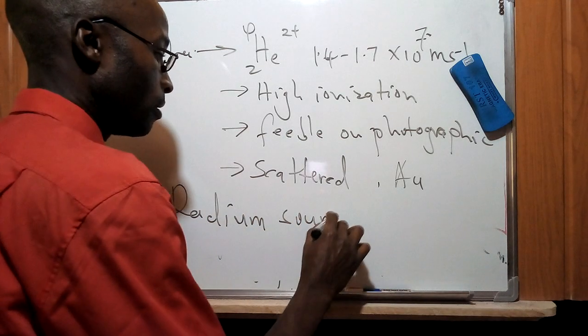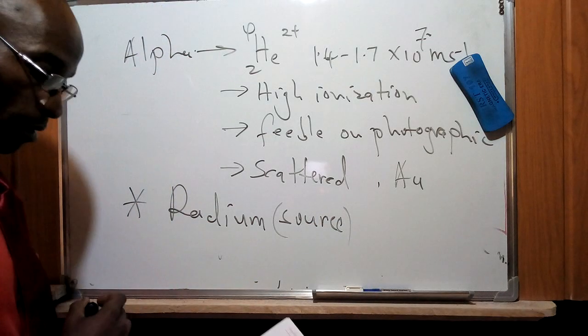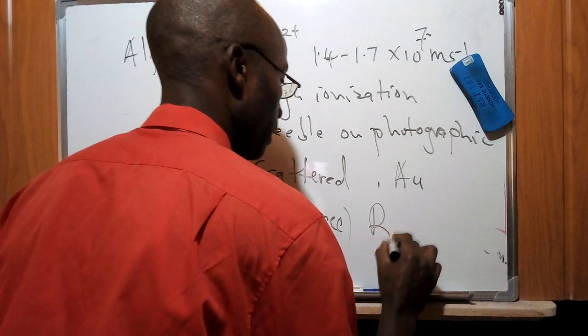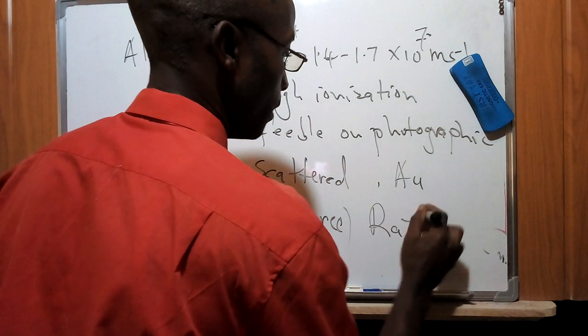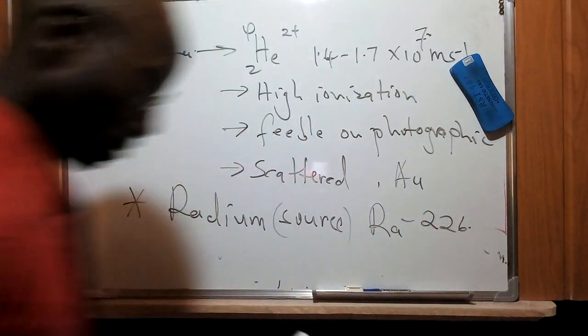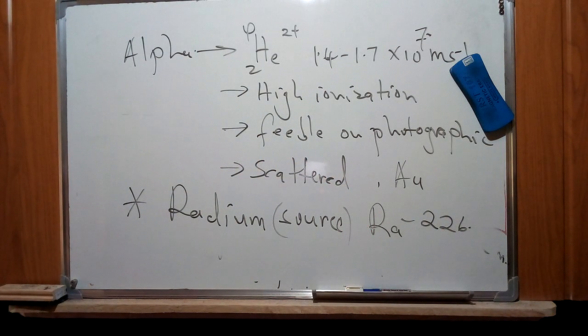So the source for this kind of particles, one of the examples is radium-226. Radium-226 is a source of the alpha particles.